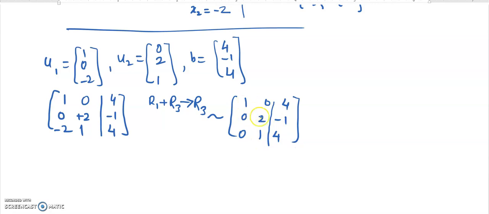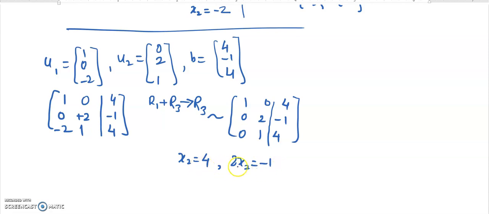So it is in the echelon form. So from the last equation we get x2 is equal to 4. Okay, and from the previous equation we get 2x2 is equal to minus 1.